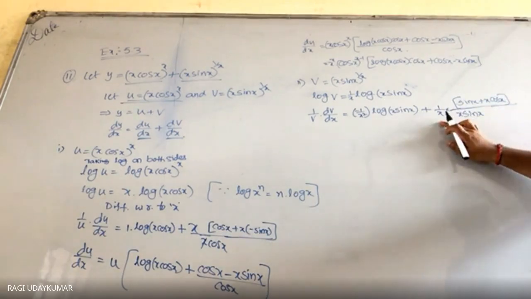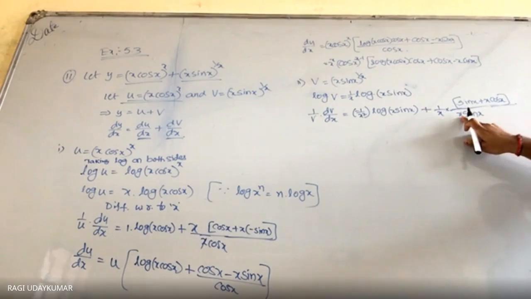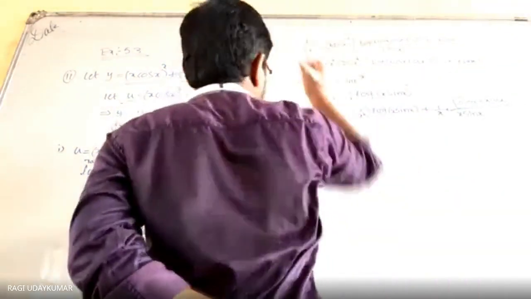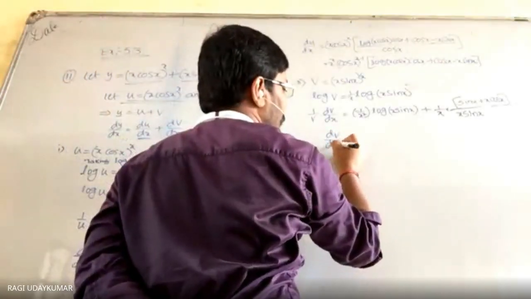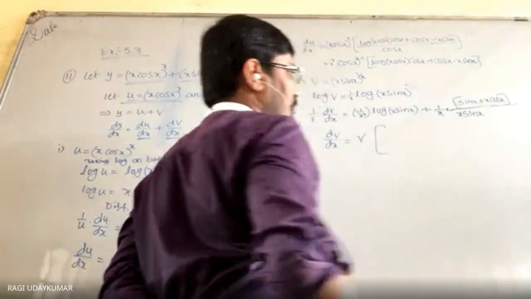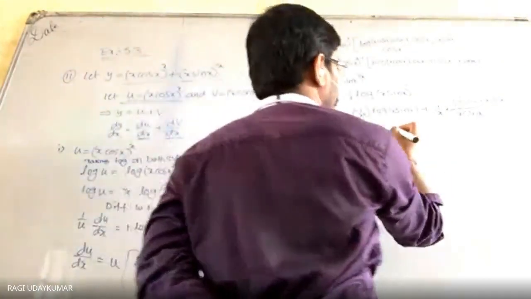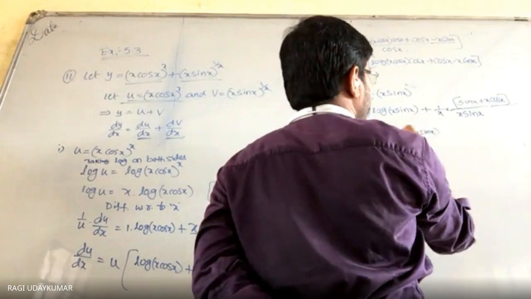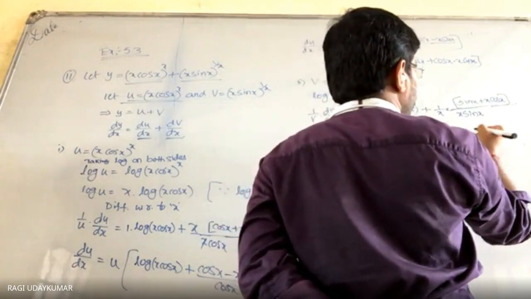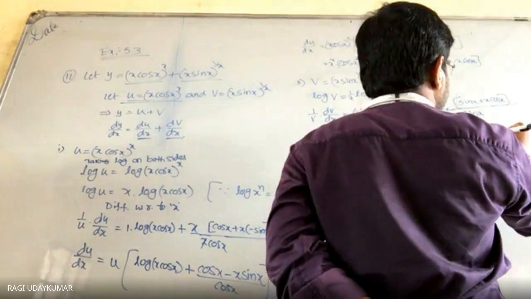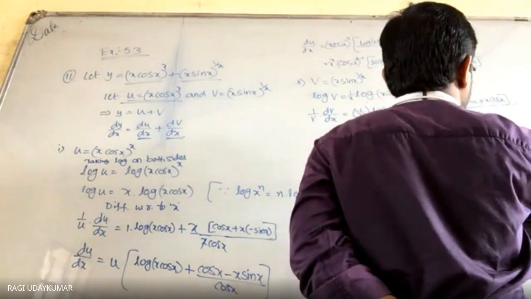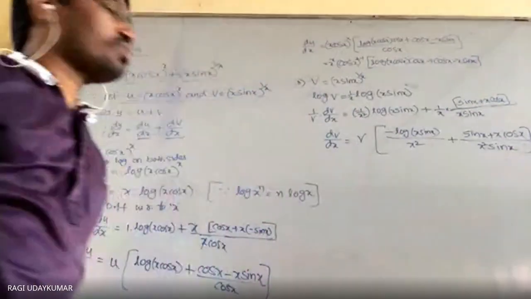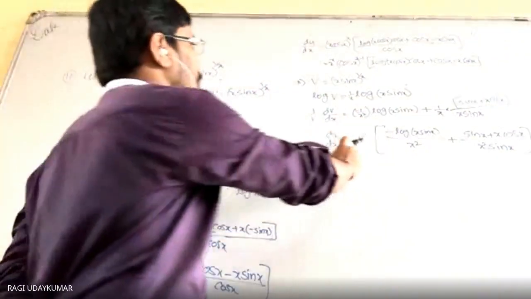So here you are going to get 1 by x square, and here minus 1 by x square is there. Simplification you can do in any way. So dv by dx is equal to v into, here you are going to get minus log of x sin x by x square plus (sin x plus x cos x) by x square sin x. And replace the value of v here.